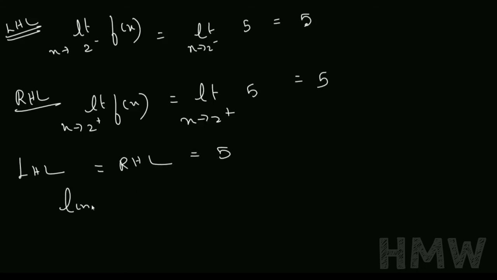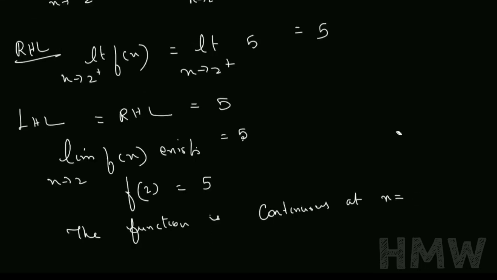So the limit x tends to 2 of f of x exists and it is equal to 5. The limit is equal to 5 and the functional value is also equal to 5, so it is continuous at x is equal to 2. Thank you.